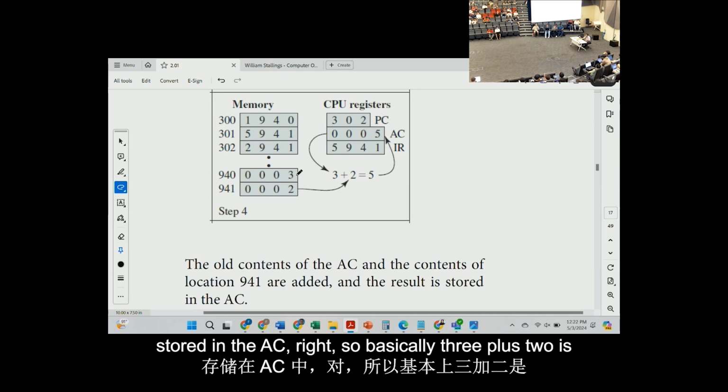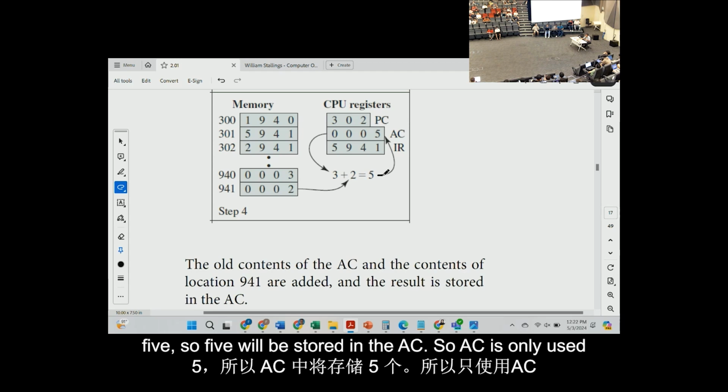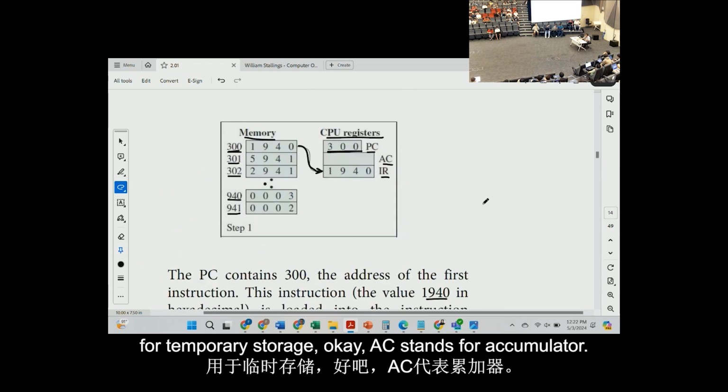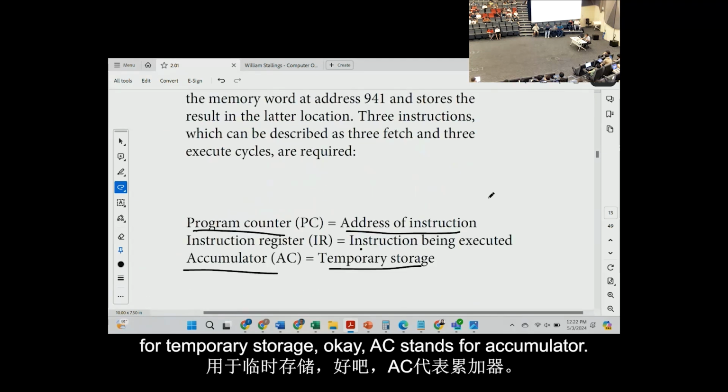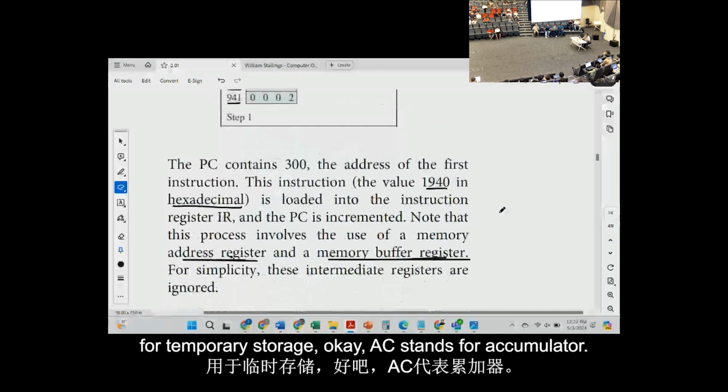So basically 3 plus 2 is 5, so 5 will be stored in the AC. So AC is only used for temporary storage. AC stands for accumulator.